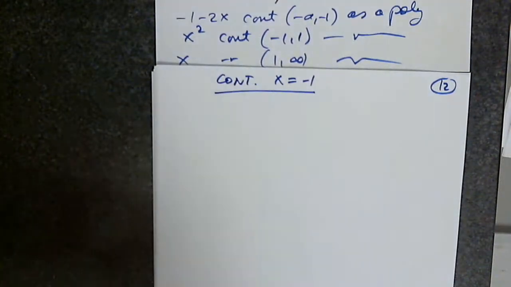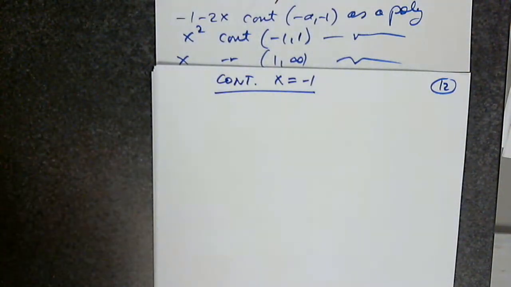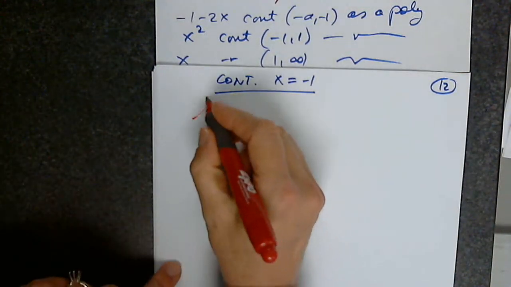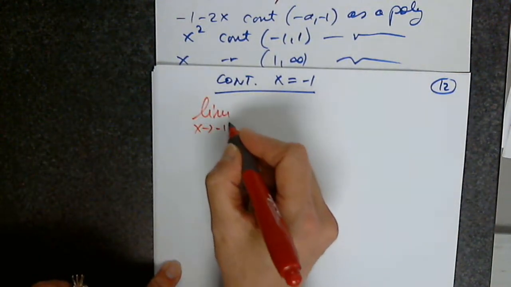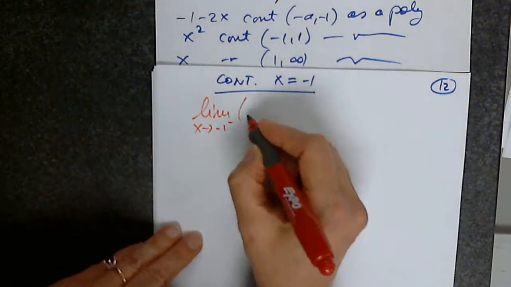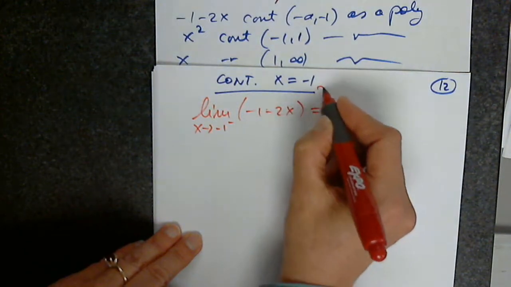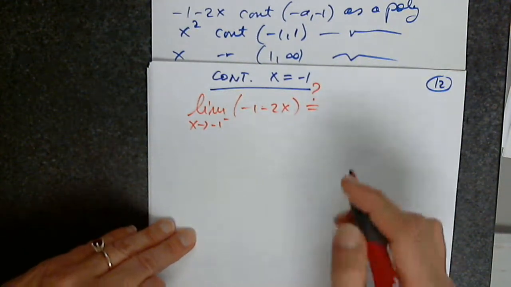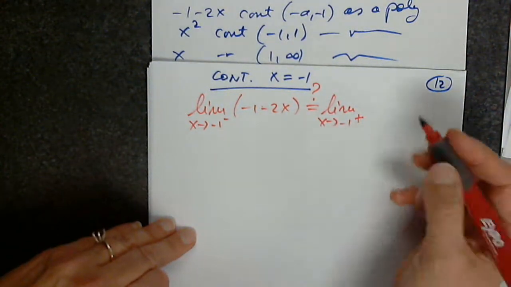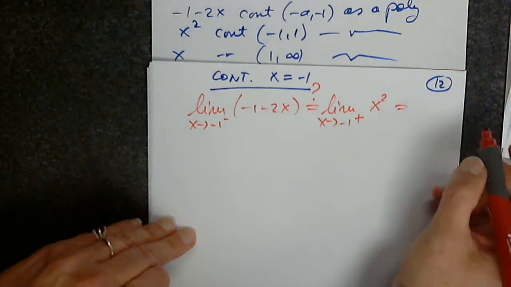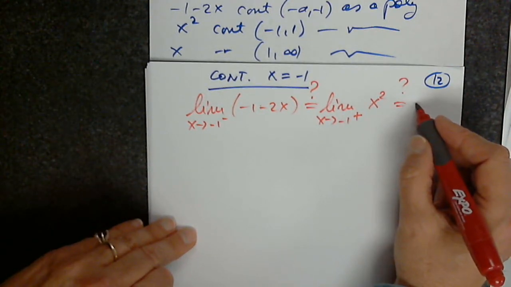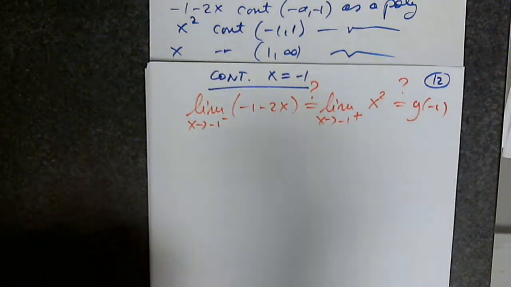What do I have to write for continuity at -1? So then as x approaches -1 from the left, which branch? -1 minus 2x. Must equal, we don't know that yet, the limit as x approaches from the right of x squared. And must equal, we don't know that yet, g of -1. Very good.